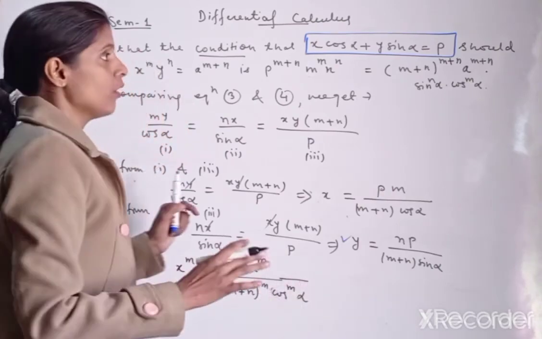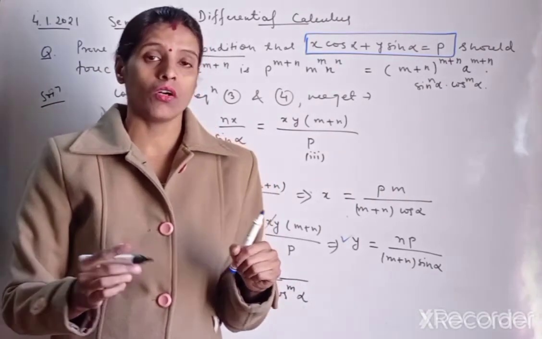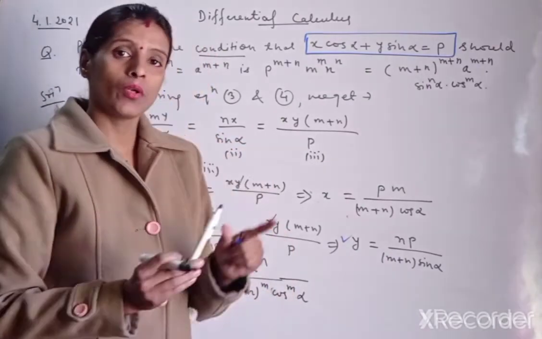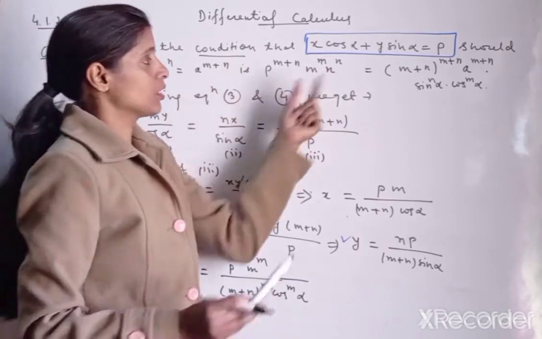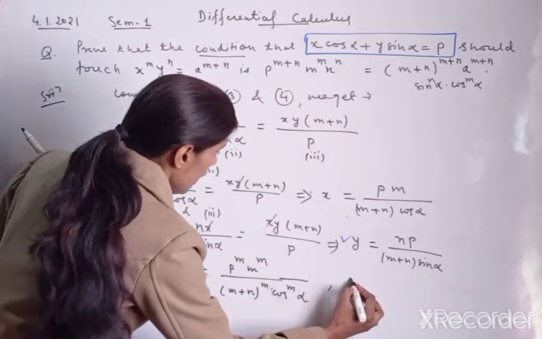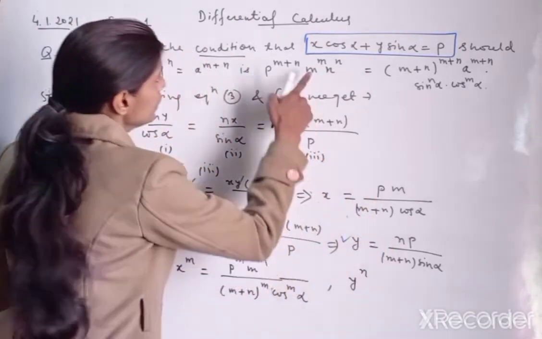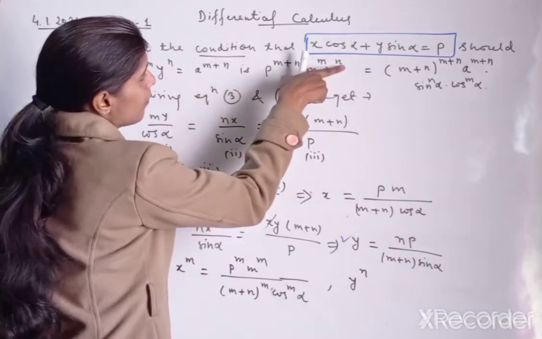Here we are not going to put the value in the equation of tangent, because here we have to find the condition. Next we have y to the power n, because here it is p to the power n and n to the power n we have to prove.